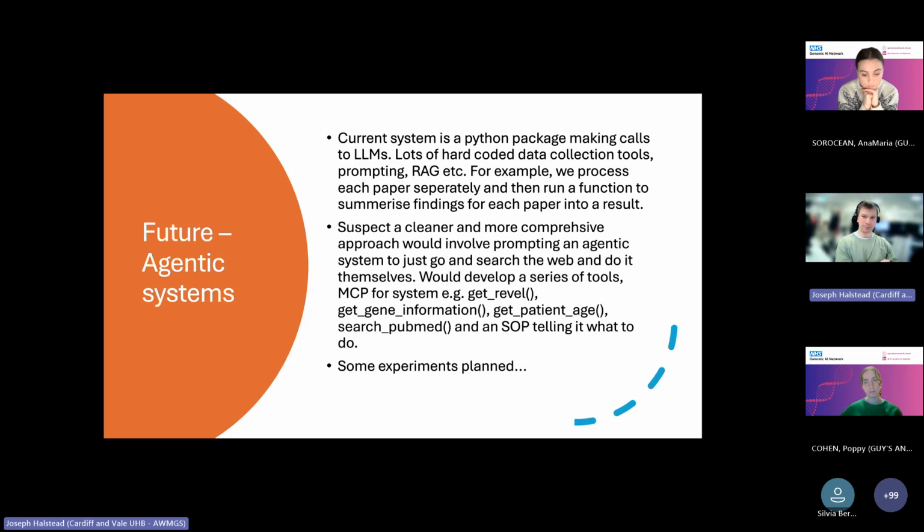I've started thinking recently that a cleaner and more comprehensive approach would be prompting an agentic system to go search the web and do it themselves. Then we develop a series of tools for the model, using a protocol that gives it a system of tools and APIs it can use. So we might have a bit of a refactor and think about how we'd do that in the future.